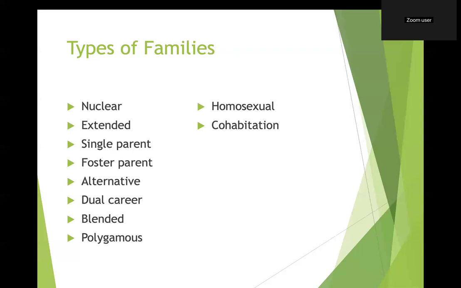It has increased somewhat, but polygamous families, polyamory, that has become more of a thing. And I've seen it personally, and you might encounter this on labor and delivery or mother baby, that there are maybe 3 people there. Homosexual, and then cohabitation.